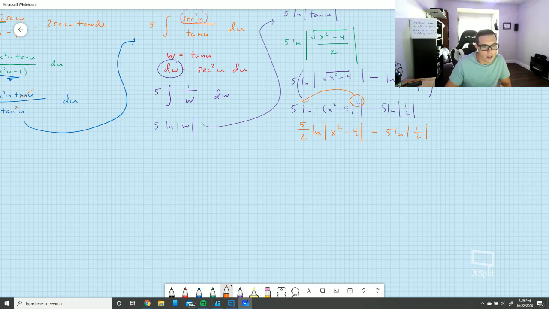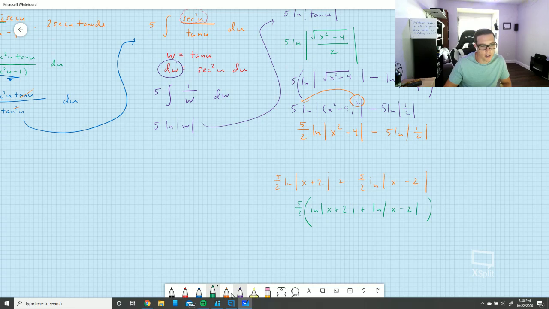Now, your answer may have looked like this. 5/2 natural log of x plus 2 plus 5/2 natural log of x minus 2, when you did your partial fraction decomposition. But if you factor out a 5/2, you can do something when you have two natural logs like this.